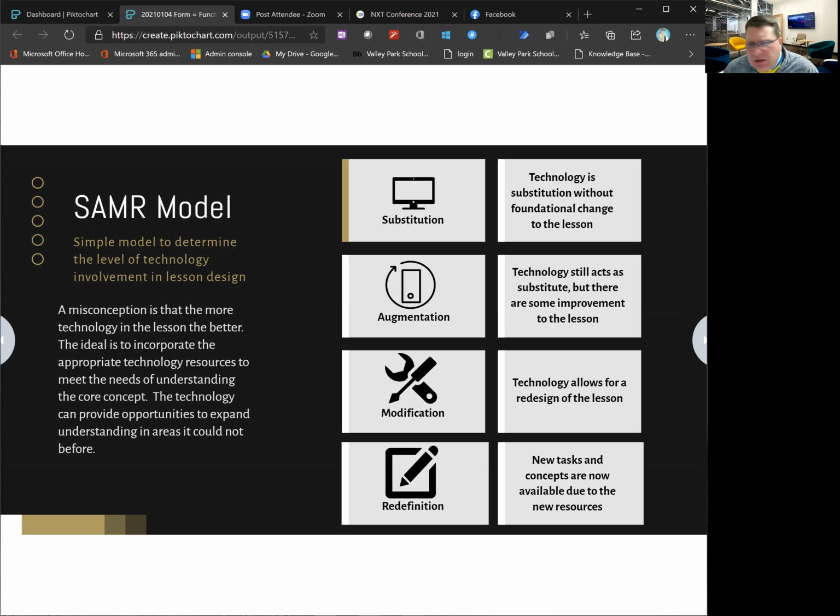Then we can move on to the augmentation phase where it's still there and it's substituting, but because some of those tools are in there that we normally wouldn't have, we can also augment some of our lessons to provide some of those functionalities. We have a whiteboard in the classroom, and when we're face to face, we can use that whiteboard.